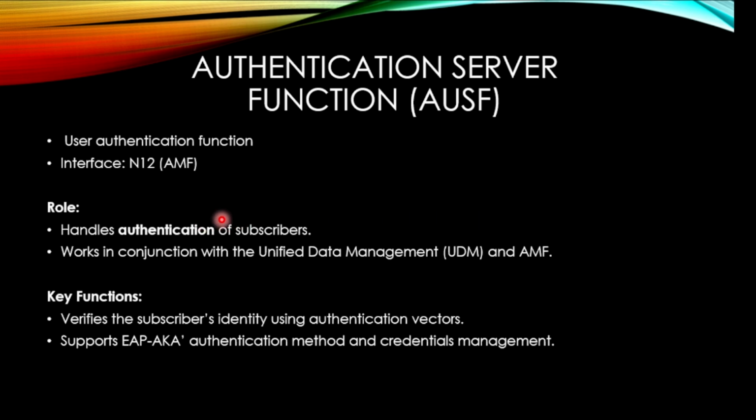So the AMF is the one that sends the keys to the AUSF. The AUSF retrieves the keys from the UDM and compares both so as to allow the user access or not, or a service access, or the user to a specific service or not, okay?